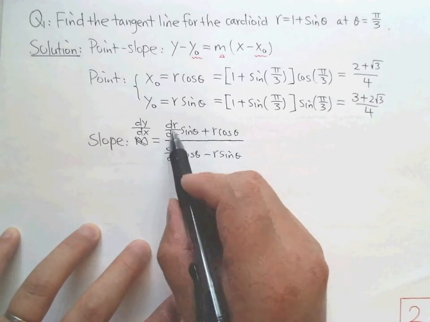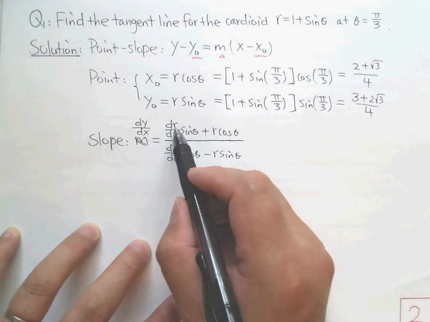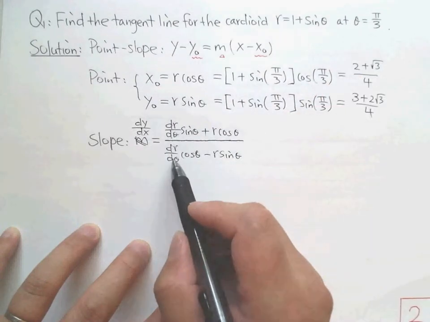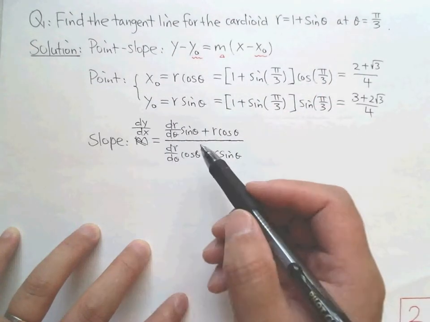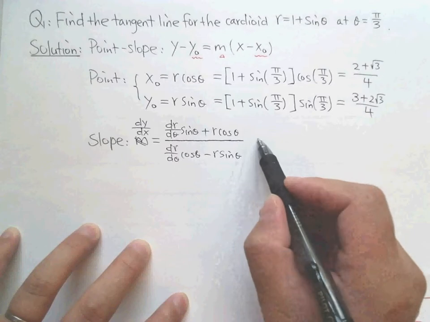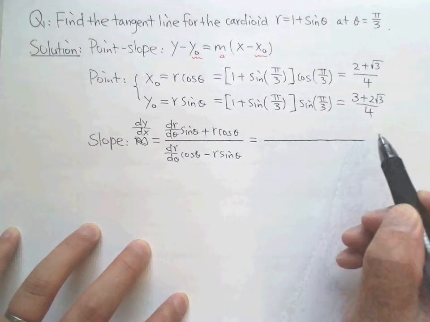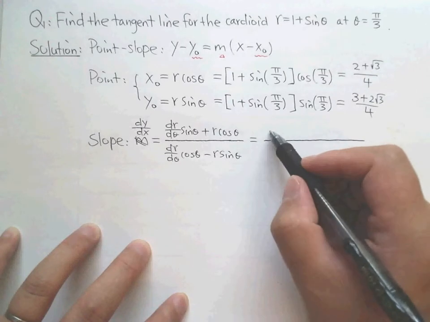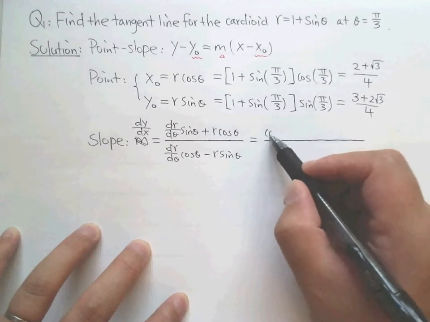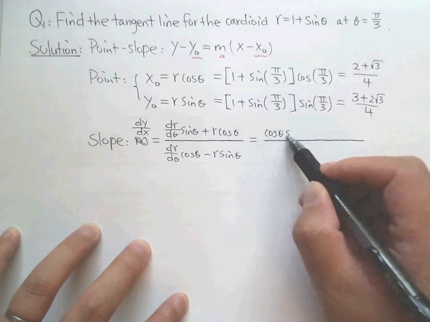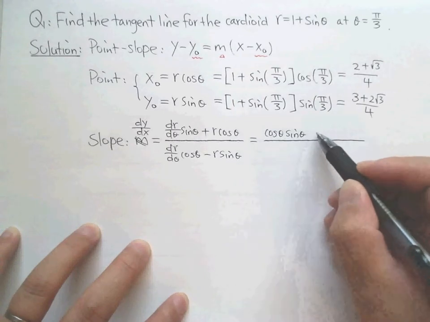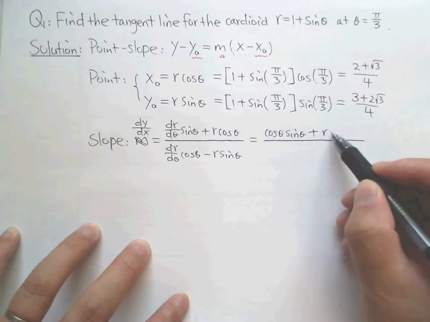I plug in r. Okay, r take derivative to theta goes here. So we get what we need. So I put this. Okay, it's a longer one. r take derivative, which is cosine theta. So we do have cosine theta, and then times sine theta. The plus r. What is r?